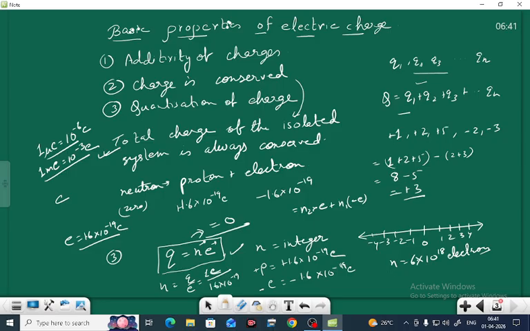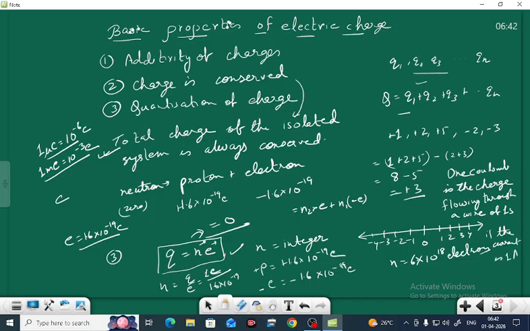That is, the integral multiple of electron or proton charge is the total charge in a body. Besides that, the unit of charge is coulomb, and we will also define the coulomb. 1 coulomb is defined in terms of the unit of electric current. 1 coulomb is the charge flowing through a wire in 1 second if the current is 1 ampere.